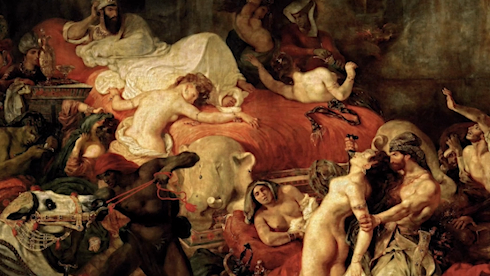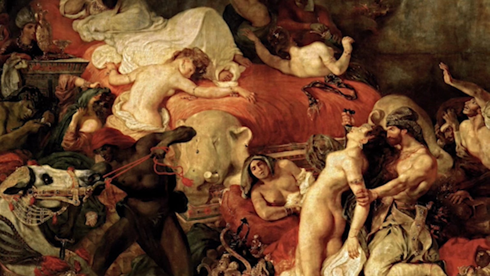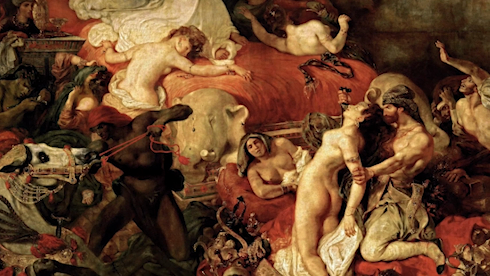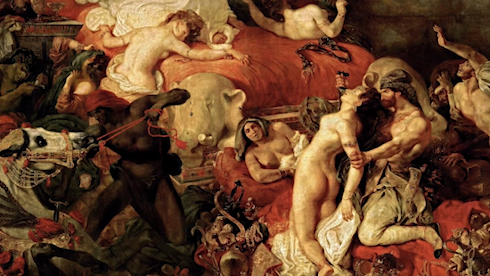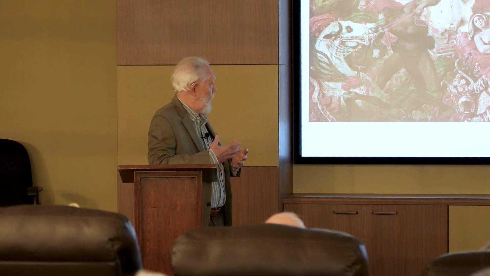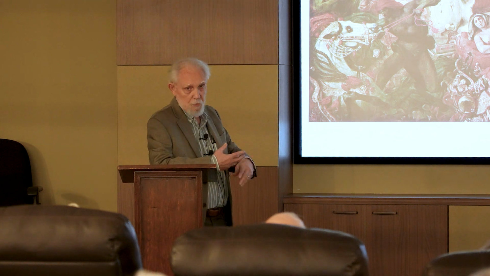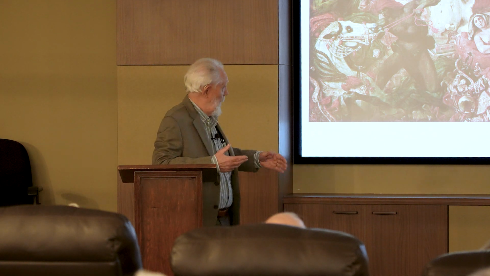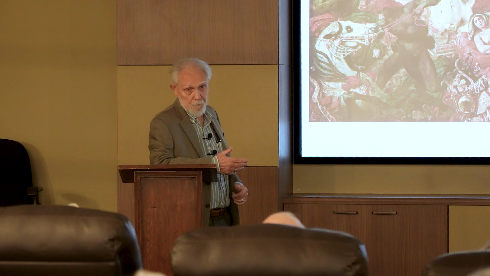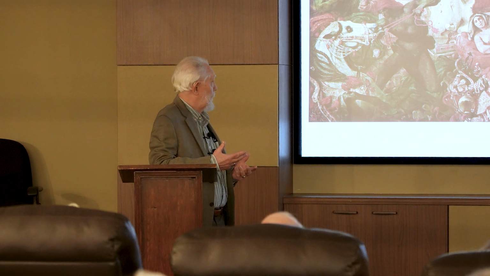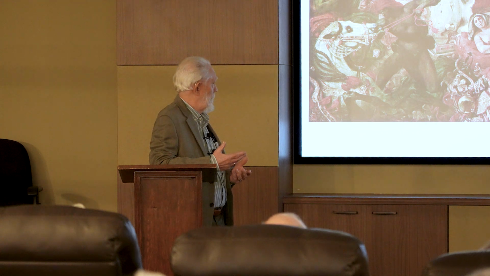There is sort of smoke in the background. It's a painting of death and destruction. And the whole idea here is this incredible turbulence of the line of the painting. And that's characteristic of Delacroix's painting.